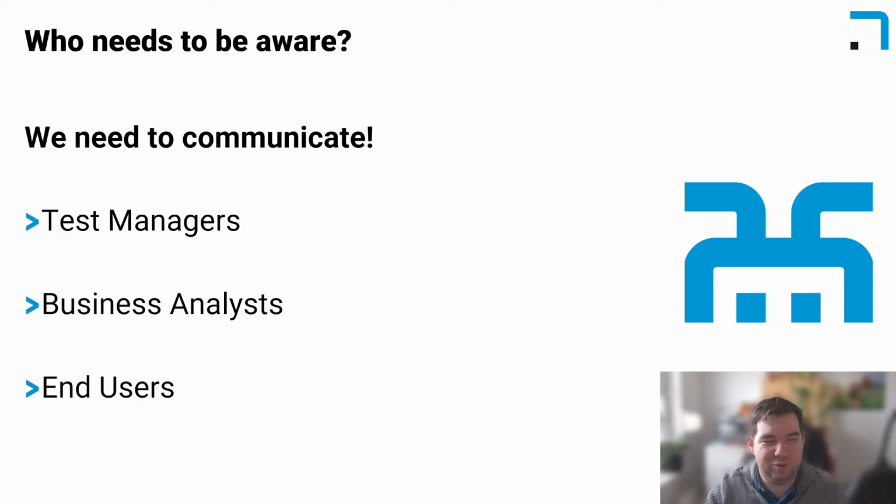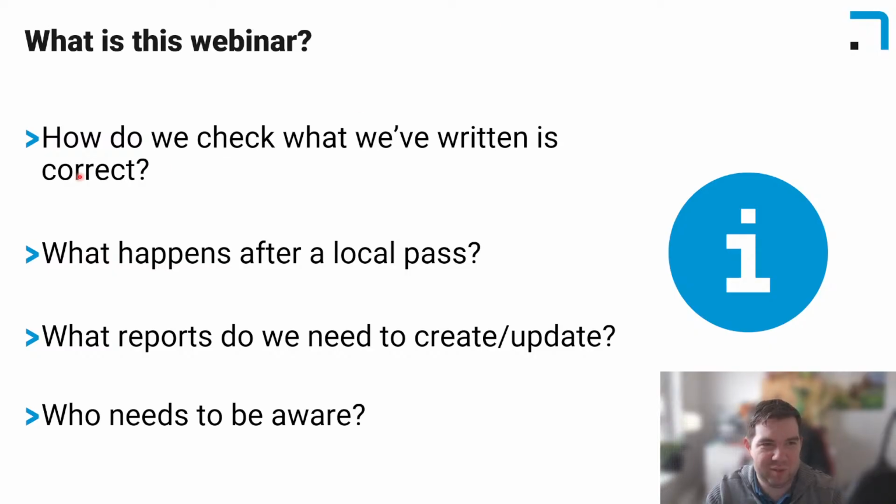There is no easy solution. There is no way to memorize all of this at once. But what I hope is that this acts as a checkpoint and reminder. Because if you can remember some of these things, if you can remember what happens after a local pass, or what reports we need to make, even if you forget some aspects, you're still going to improve your own testing quality.